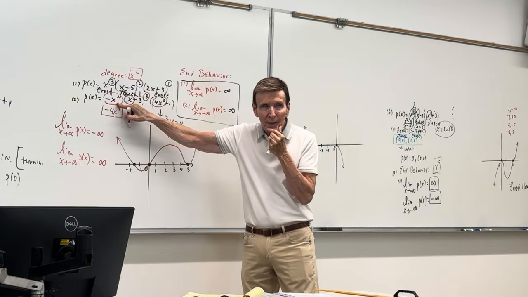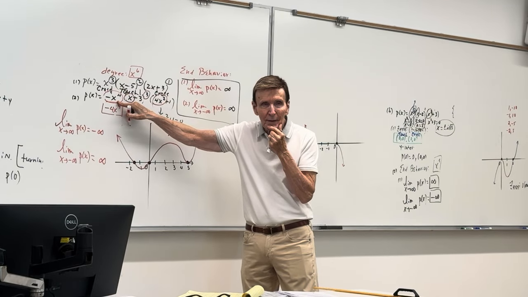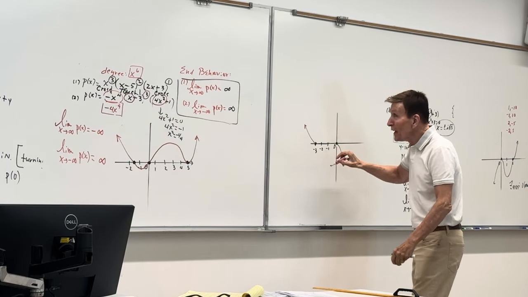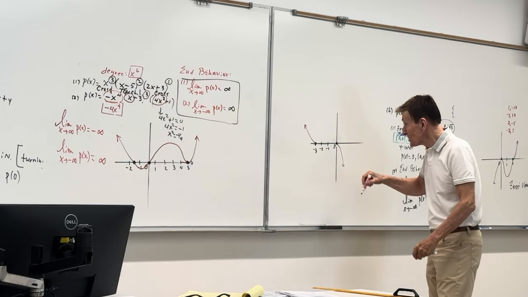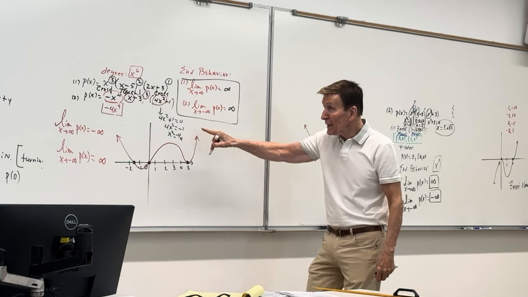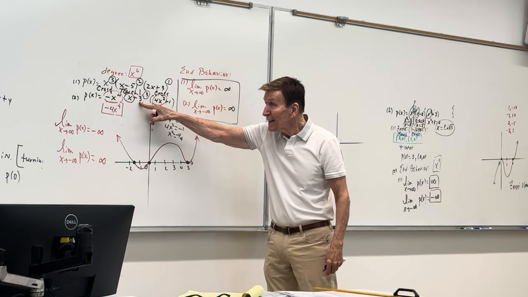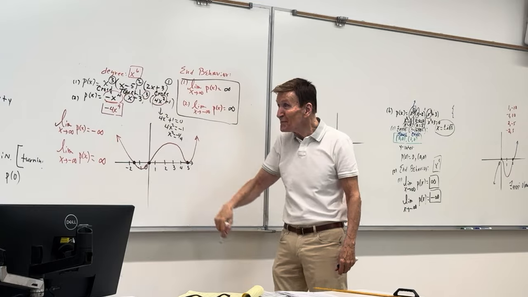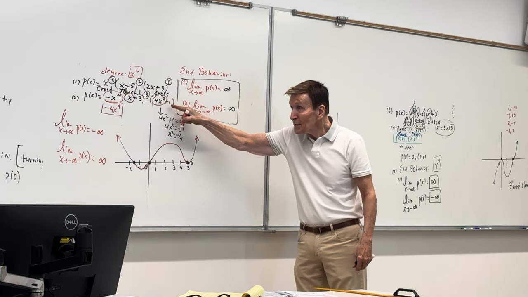What happens because of that 4 there? It touches. So it's going to touch at 0. At negative 3, which comes from this, it crosses because the 3, odd, on the outside says odd, it's going to cross. And then this one, of course, we can't do anything with it.